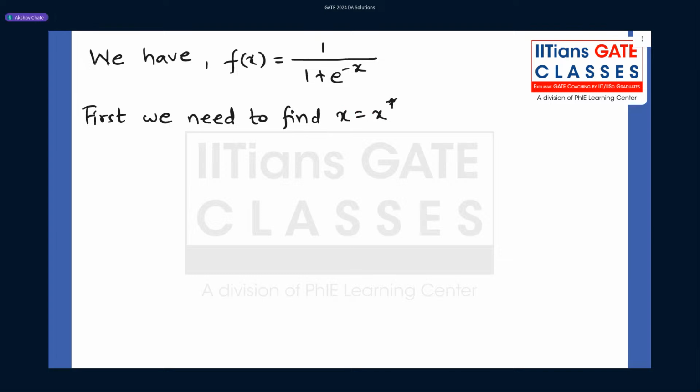We'll use the same notation where f of x is 0.4, and here it should be x star since we are assuming some token symbol.